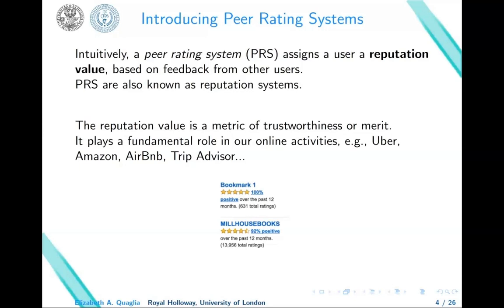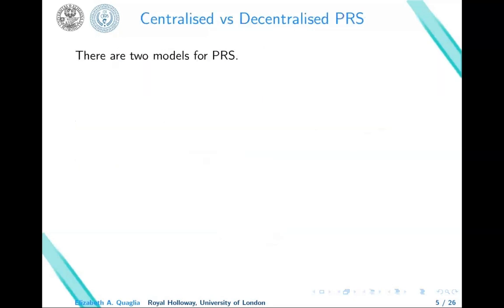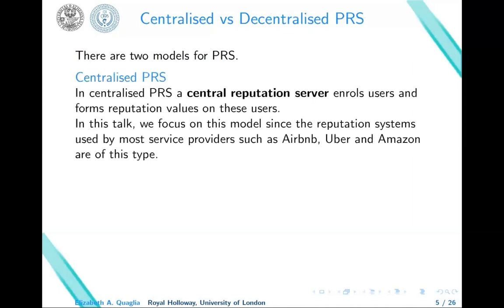So let's first see what type of models there are out there for reputation systems. There are 2 models that have been considered so far. The first one is centralized PRS. In a centralized PRS, as the name suggests, there is a central reputation server whose role is to enroll users and form reputation values on these users.